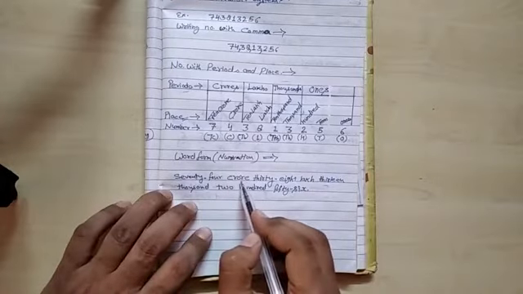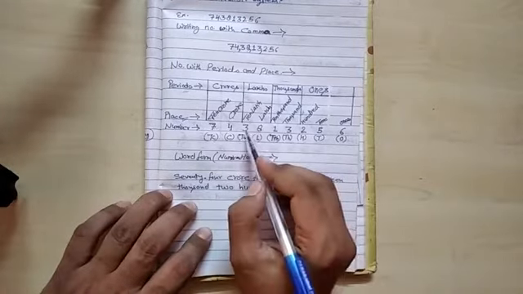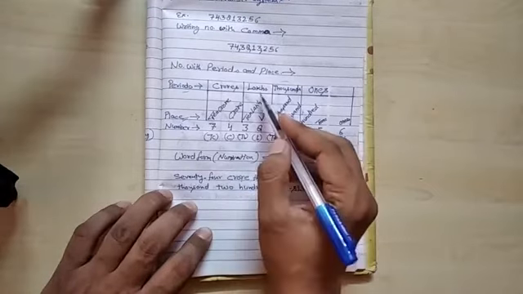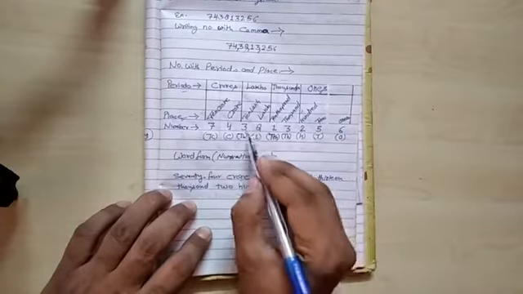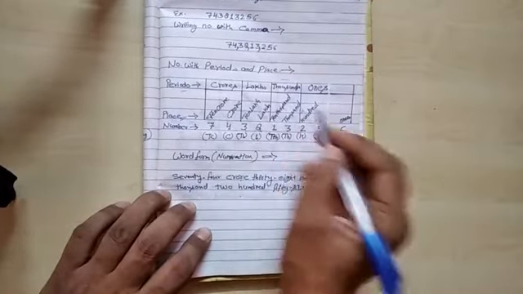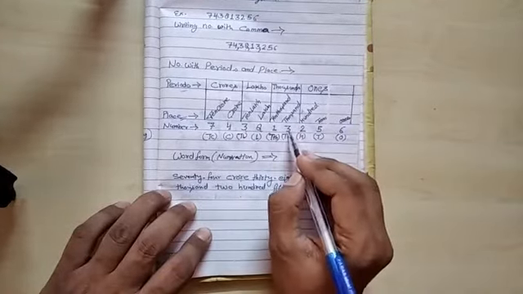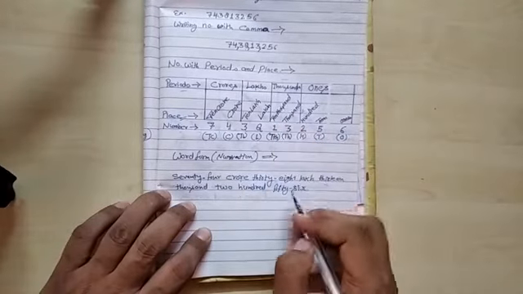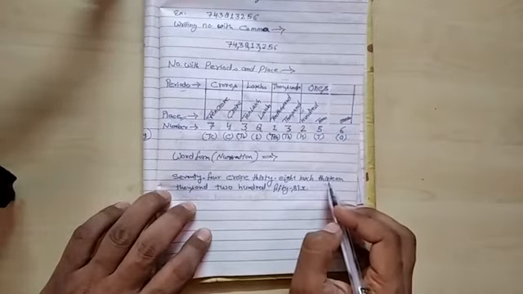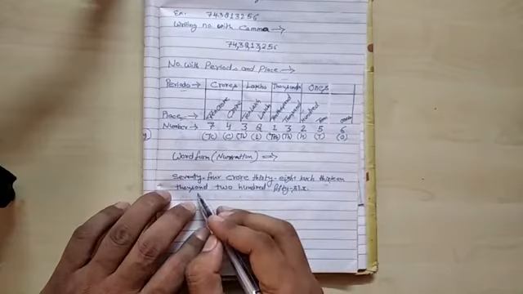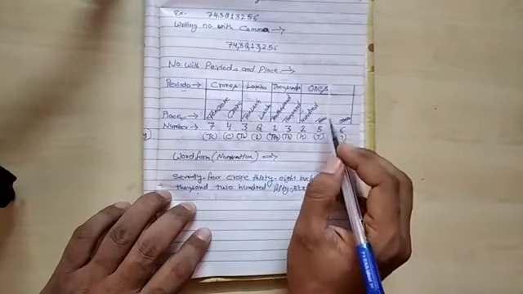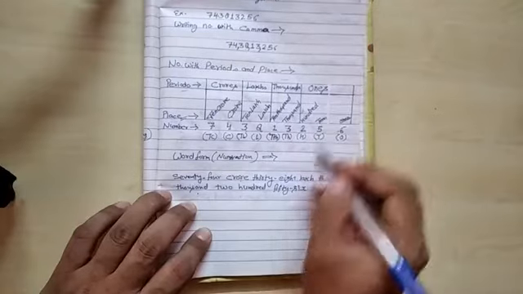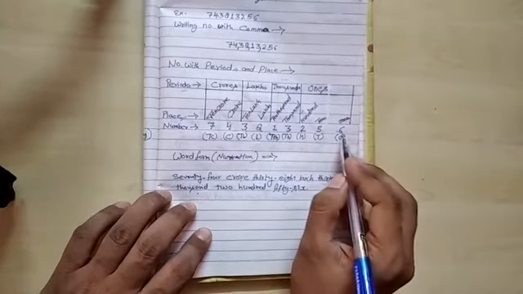Then 3 and 8 come under the lakhs period, so it is 38 lakh. Now 1 and 3 come under the thousands period, so it is 13,000, and 2, 5, 6, these three places come under the ones period, so it is 256.